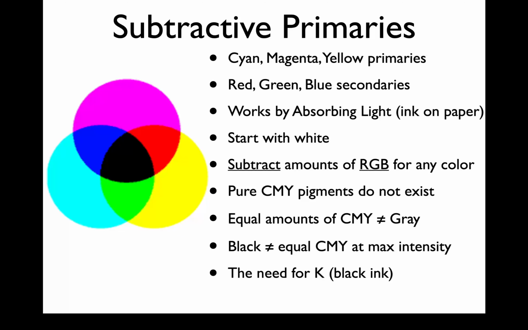You will never get something that looks like a black. It just looks like really bad brown. So when you start getting into those darker areas, they start pulling out amounts of these primary inks, the CMY, and they start replacing it with literally a black ink. And that's why all the inkjet printers that you use have CMYK cartridges, but they also all have black in them as well.